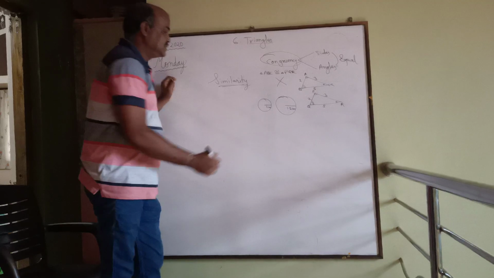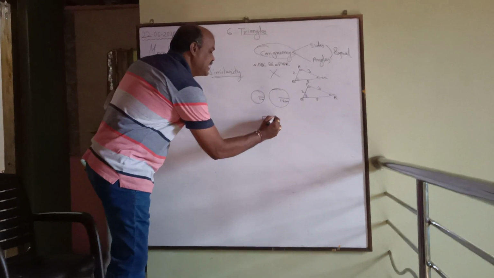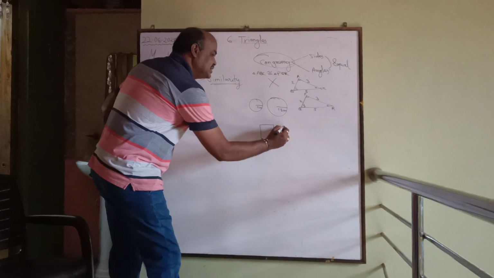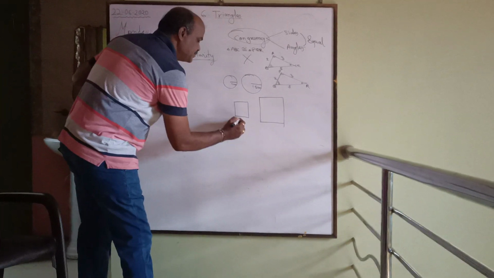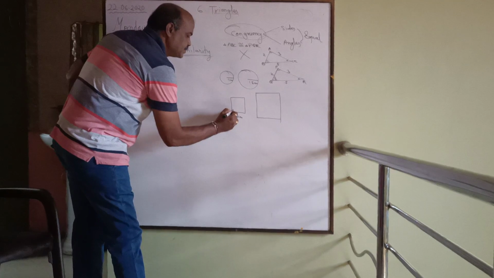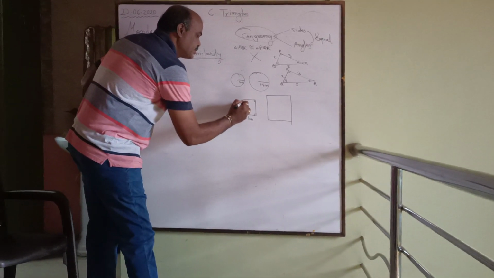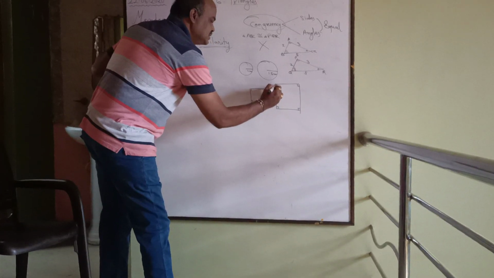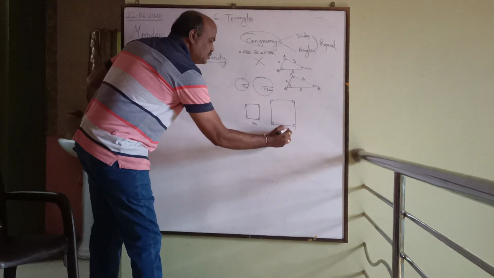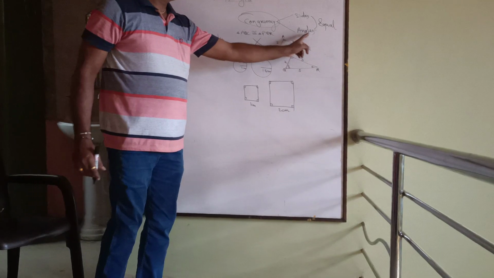But now, friends, if I take two other figures, that is of squares, these two squares have equal angles.